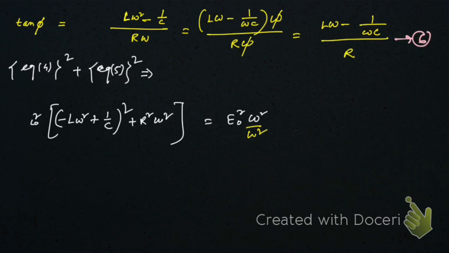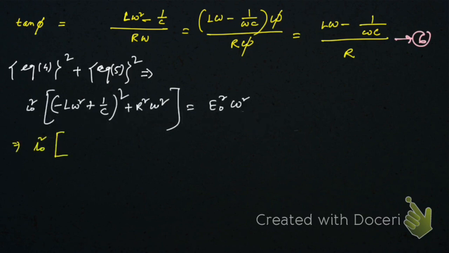Or you can consider it this way also: L omega minus plus 1 by omega C. You can take omega common from these two terms inside the bracket, and as there is a square here, outside the bracket you have to write omega square.